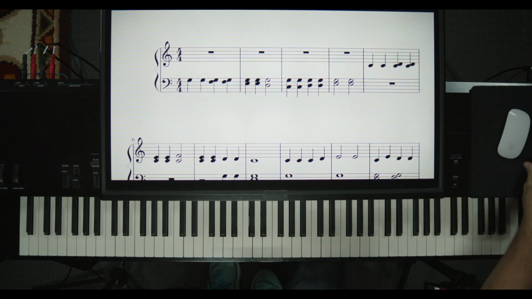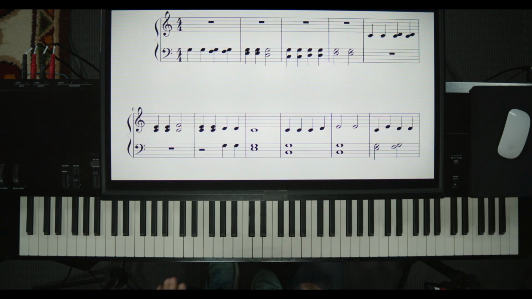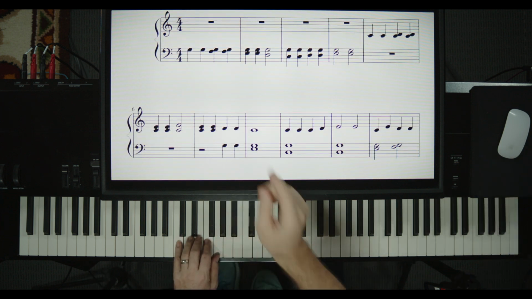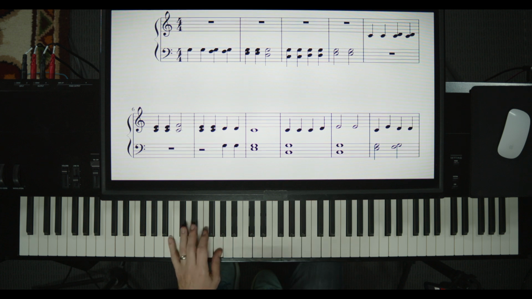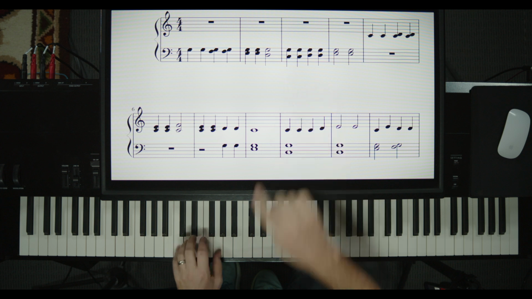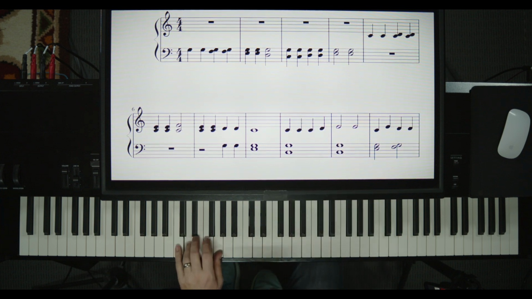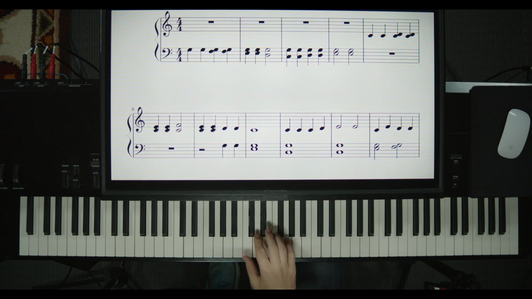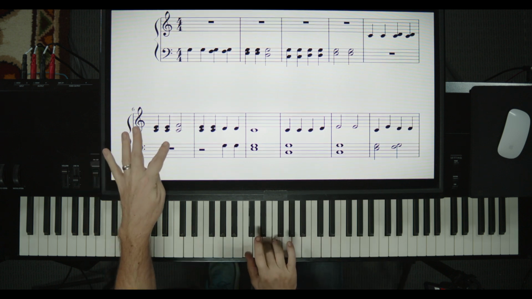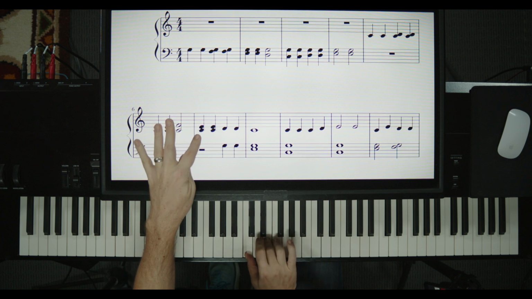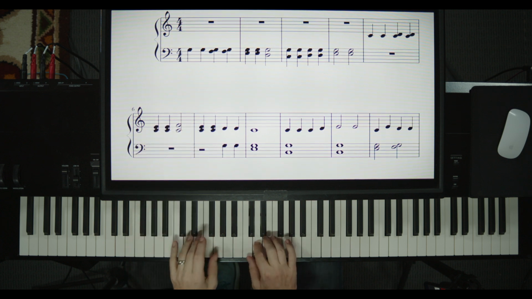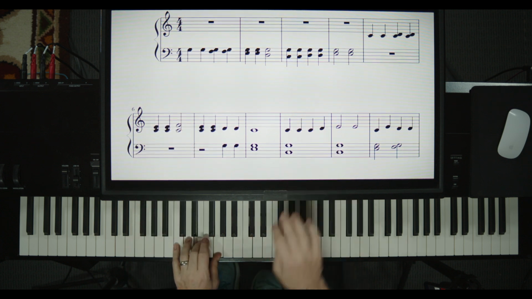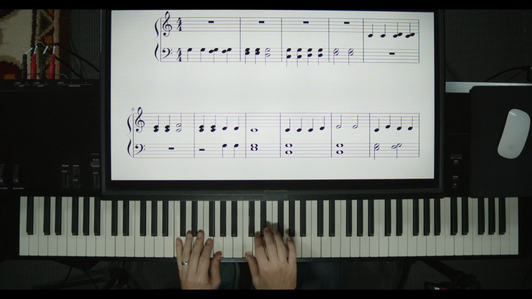Okay, from the top. We'll have to scroll in the middle. Here we go. 1 and 2 and ready, left hand. 3, 4, 1. 1, 2, 3, right hand. 1, 2, 3. 1 and 2 and 3 and 4. 1, 2, 3, 4.